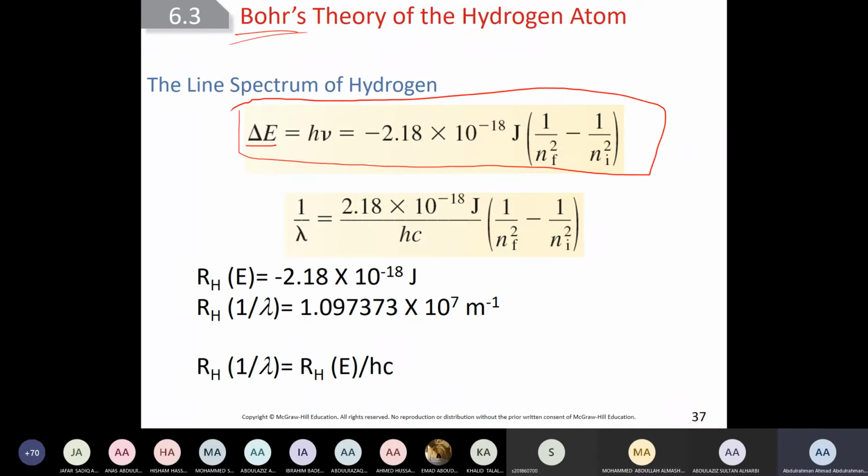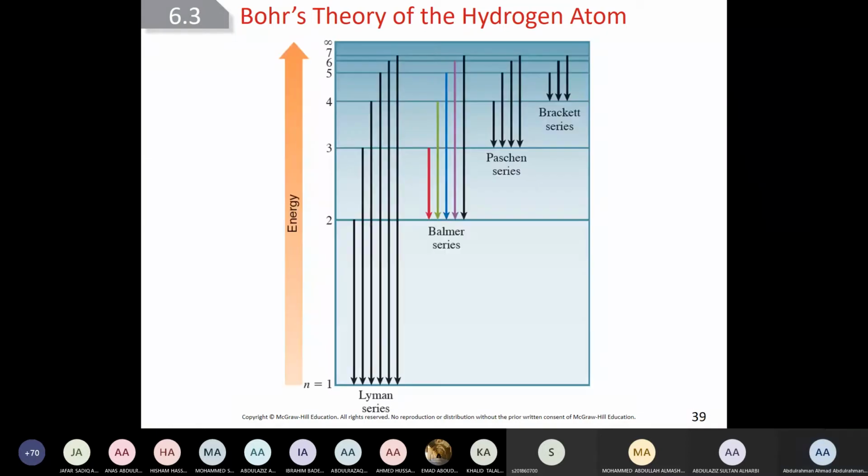Of course, delta E is the difference between any two lines. If you take between 2 and 4, for example, the green line here represents the energy difference between 2 and 4. So we want to know the value for this green line.